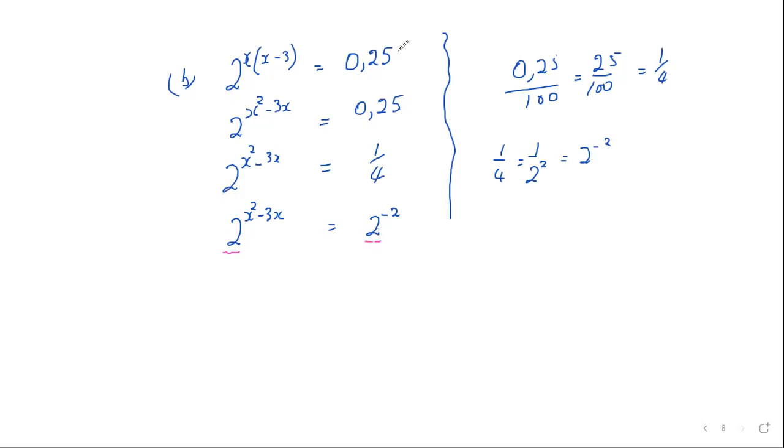We equate the exponents. x squared minus 3x is equal to negative 2. That becomes x squared minus 3x plus 2 is equal to 0. Now, we have a quadratic in that form.